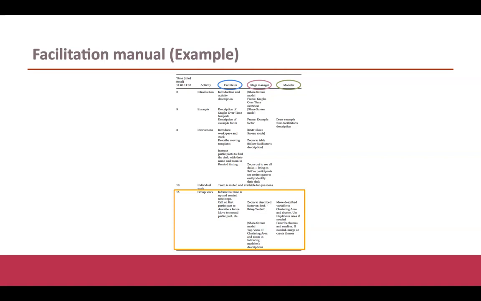Meanwhile, the stage manager is focusing the view and zooming in each participant's desk while the graph is explained by the participant. Also, the modeler is simultaneously grouping the variables in the clustering area independently. Yeah, and then the modeler would explain the themes in the clustering area. Next.